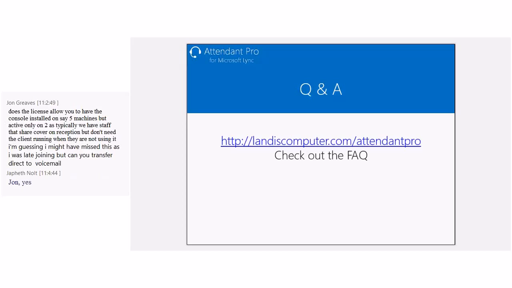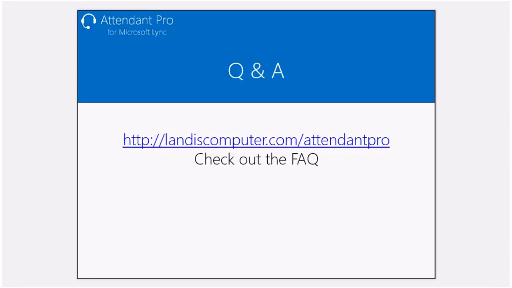So it does work with Lync response groups, and you can handle multiple incoming calls. That's not a problem. Also, John Greaves joined late and asked about transferring to voicemail. Yes, there is a one-click transfer to voicemail option, the same as transferring to the standard number.